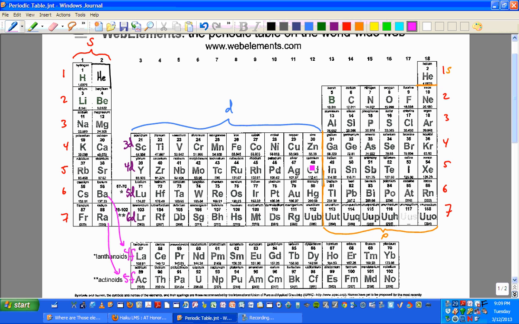5S, 4D, okay? And then when we get down here, don't forget we got 6S, and then we jump down through 4F. Remember, 57 through 70 is all down here. The only reason it's down here is to make the periodic table fit onto one page, so it's not all big and wide.